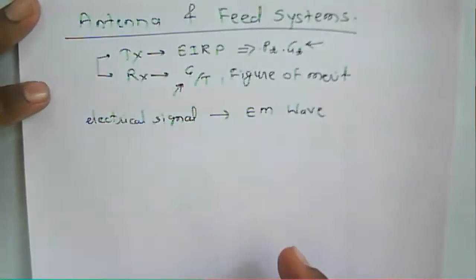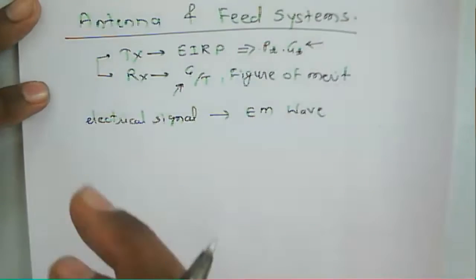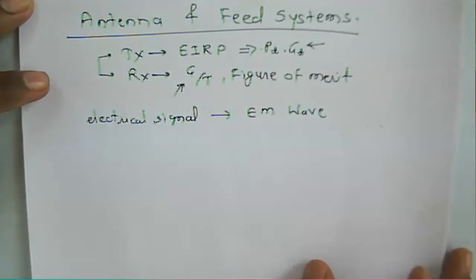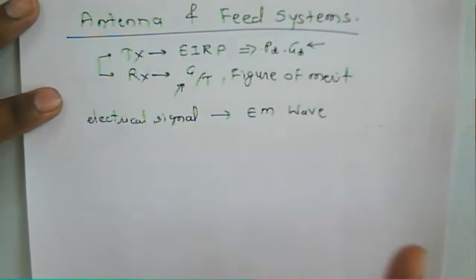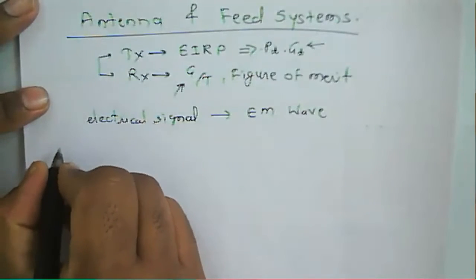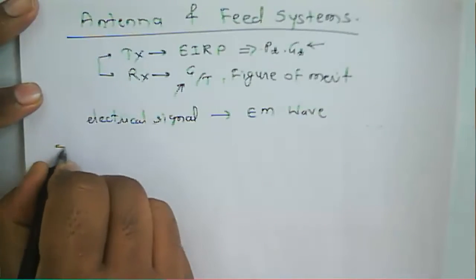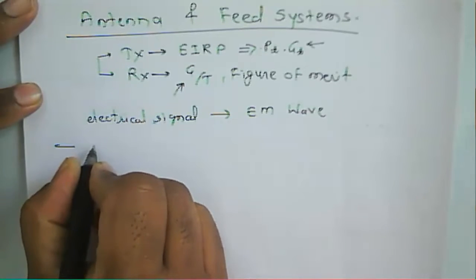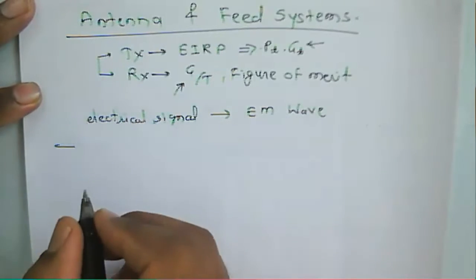What are the various antenna configurations that are used in the earth station? So there are various earth station configurations that are commonly used in the earth station.